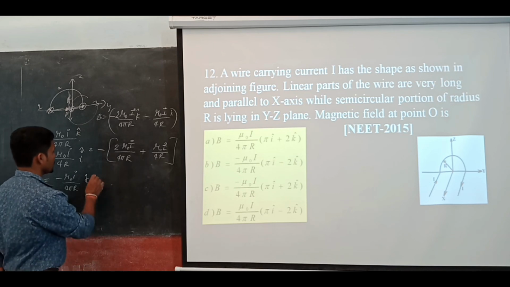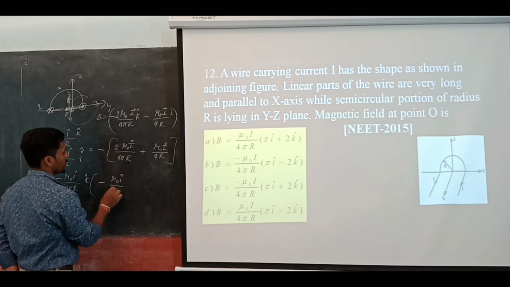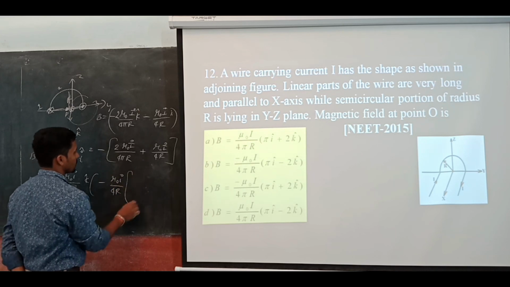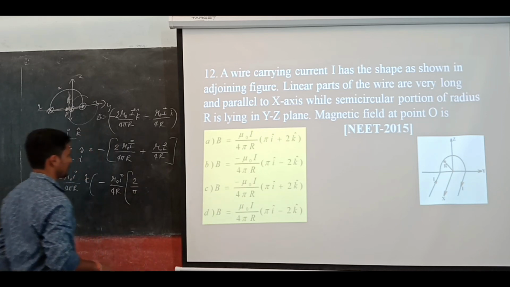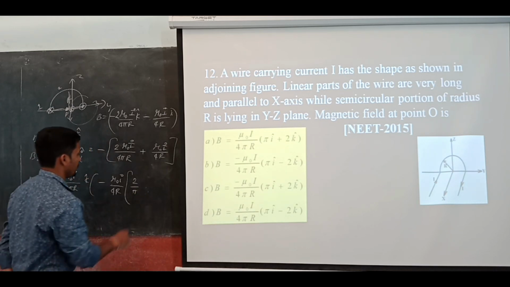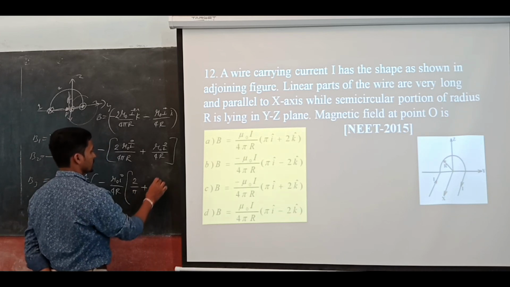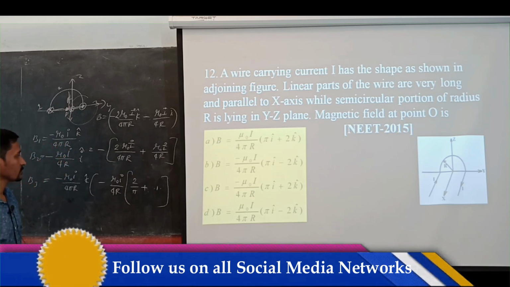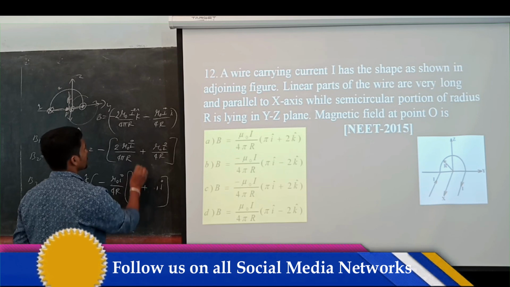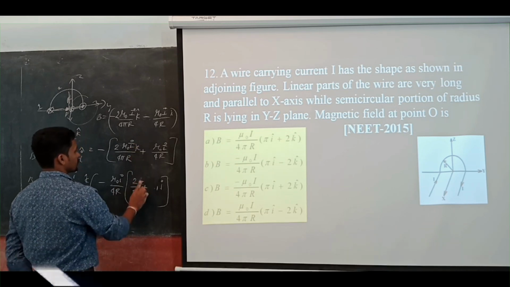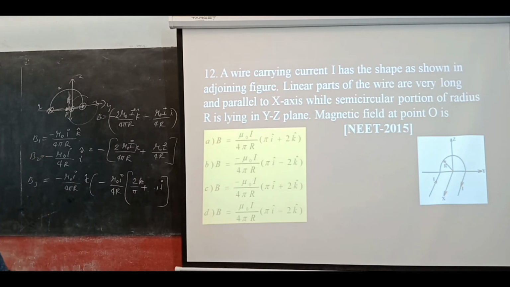If you take out minus mu naught I divided by 4r, what is remaining? 2 by pi, and plus 1 remaining. So this is i and this is k. So i plus k.